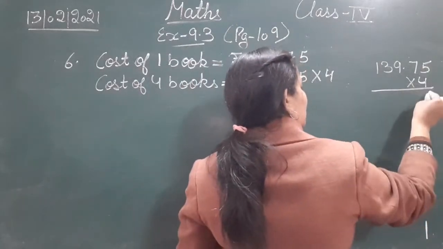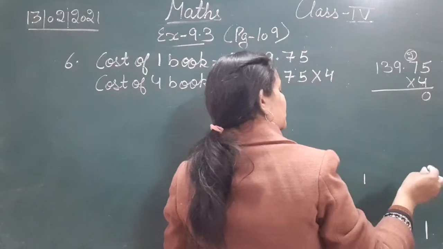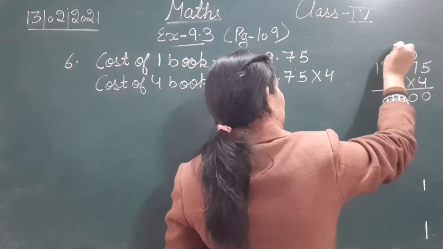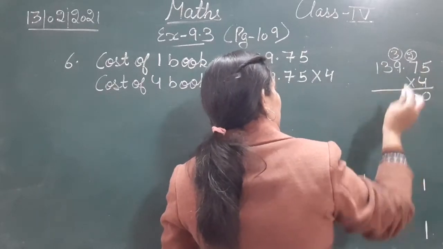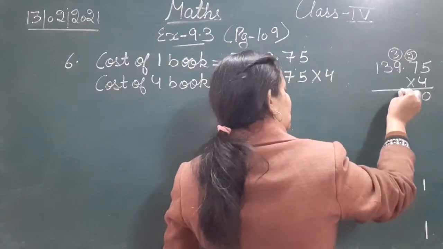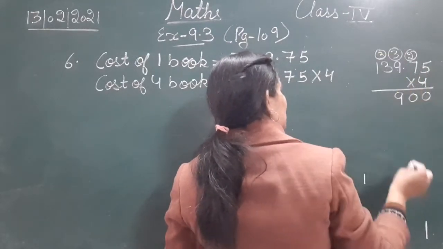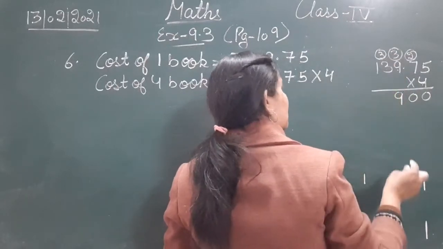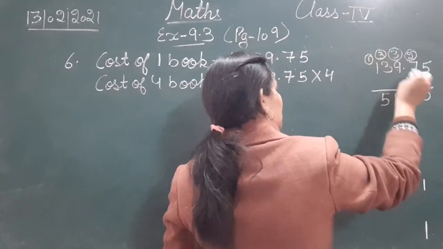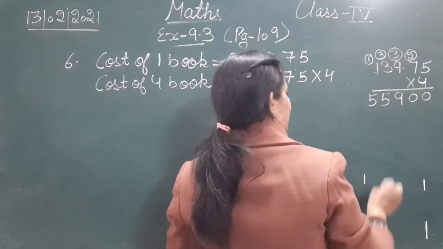So 4 5s are 20, 7 4s are 28 plus 2 that is 30, 0 and carry 3. 9 4s are 36 plus 3 that is 39. 3 4s are 12, 12 plus 3 is 15, 5 and carry 1. 4 1s are 4 plus 1 that is 5.